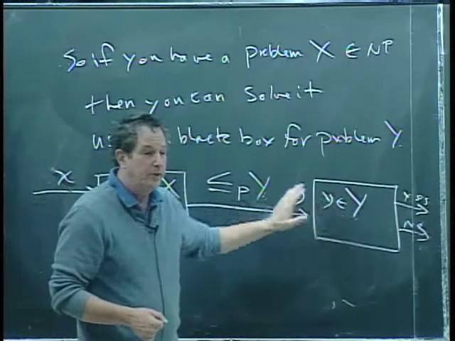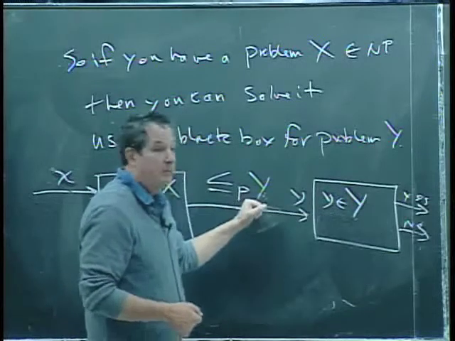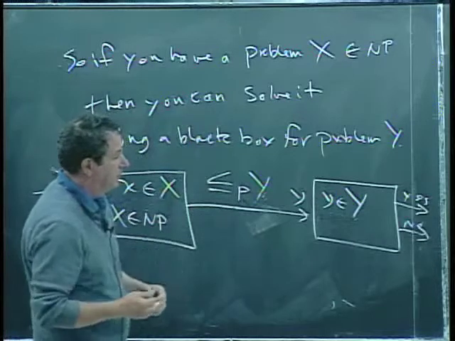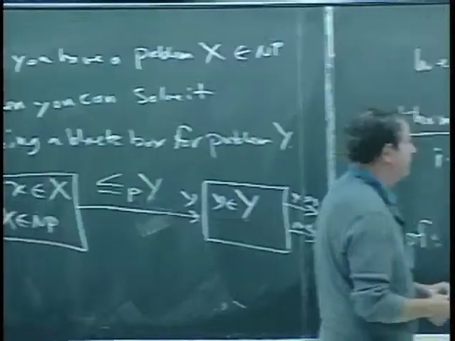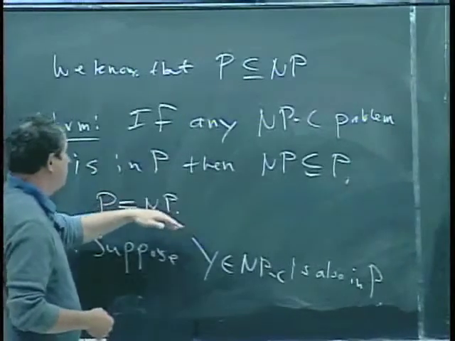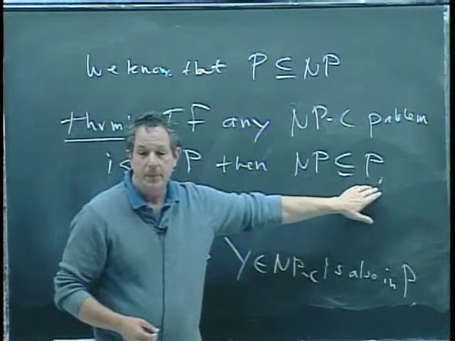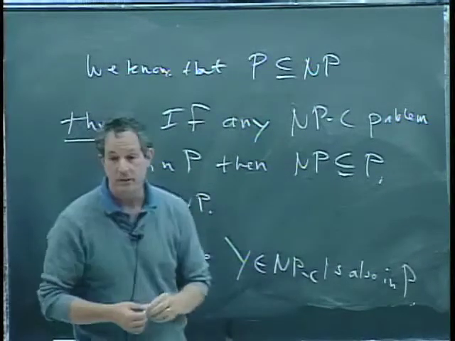But no matter what those 2 polynomials are, the polynomial of a polynomial, which would give you the polynomial time for X, is still a polynomial. Therefore, X would be in capital P also. So any problem in NP would be in P, which would then mean we have this equality because we already know the other side. Okay?